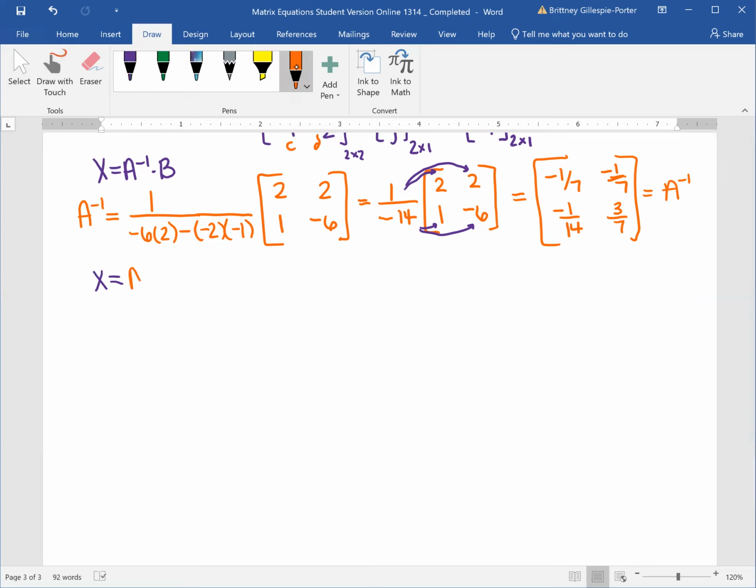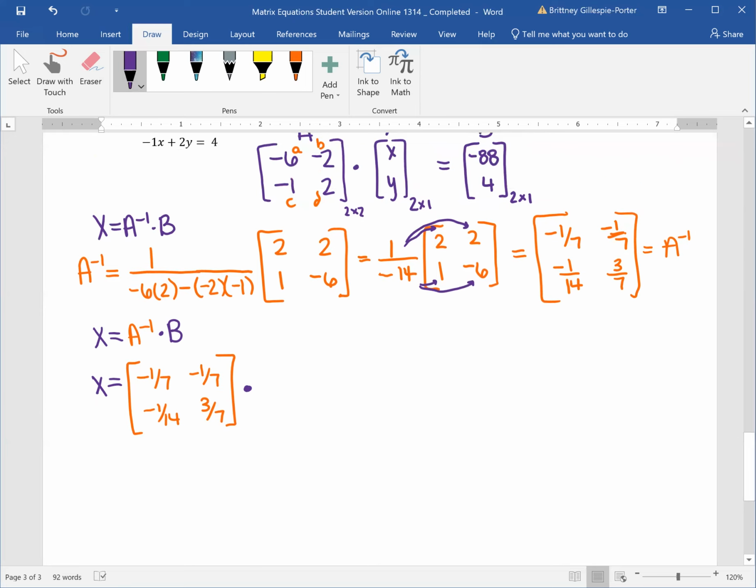The X is equal to A inverse times B. So we're going to have X is equal to the matrix we just found. -1/7, -1/7, -1 over 14, 3 over 7, times our B matrix, which was our constant matrix, the equal to matrix, -88, 4.